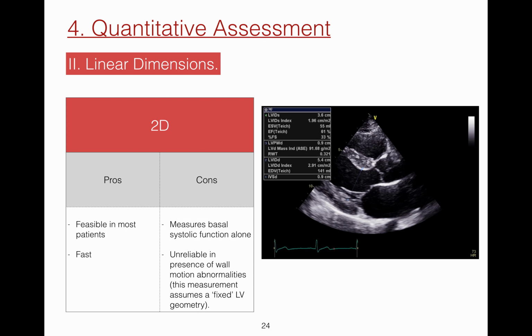Two advantages of making this measurement by 2D are that it is fast and can be made in most patients. The disadvantages are that it's a measure of basal function only, and it's inaccurate in the presence of regional wall motion abnormalities.